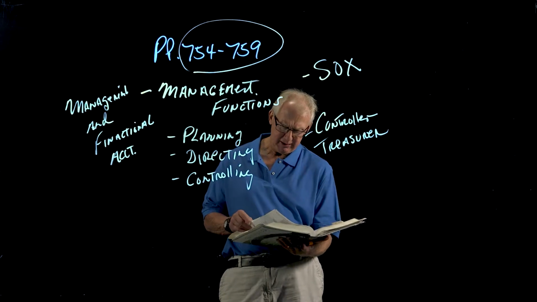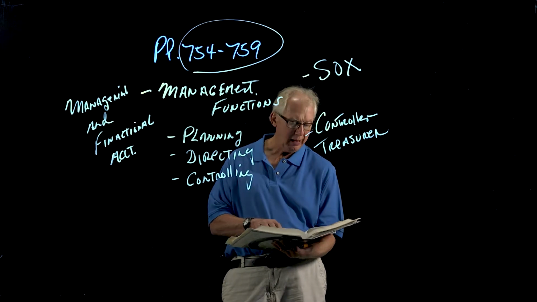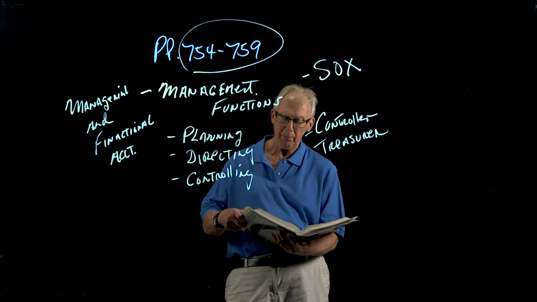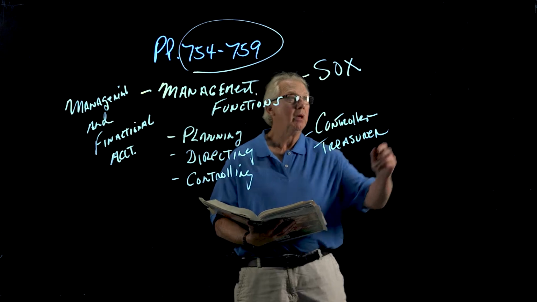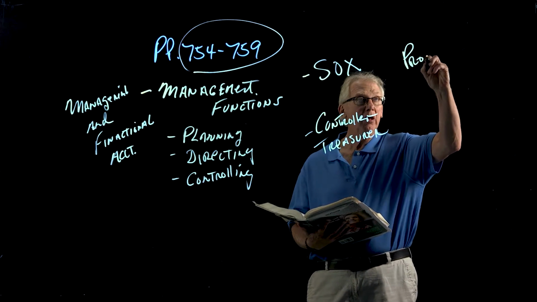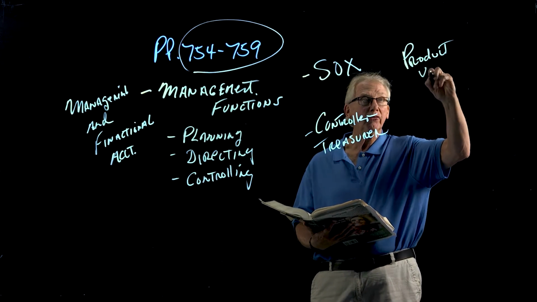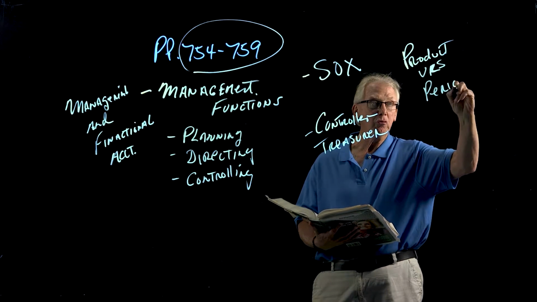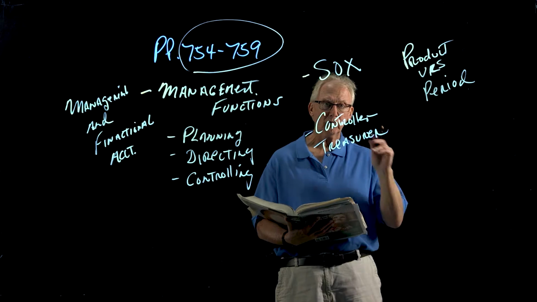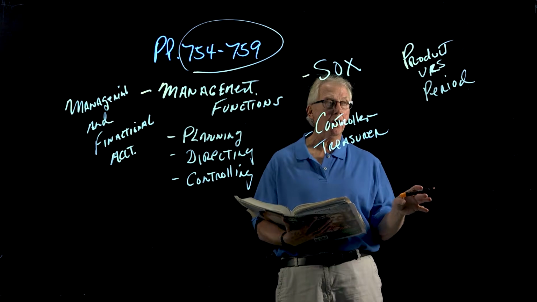Now, when we get back here to manufacturing costs on page 760 and 761. Of course, product versus period. You must know the difference between a product cost and a period cost.